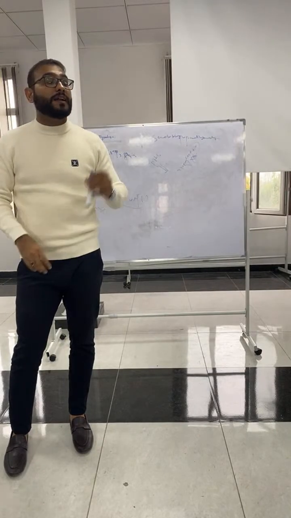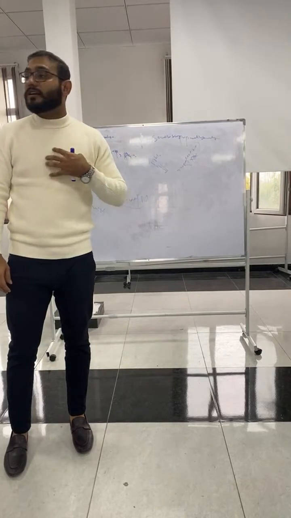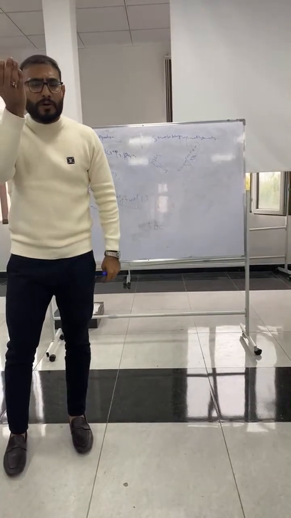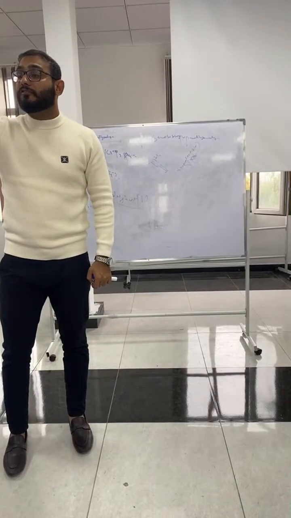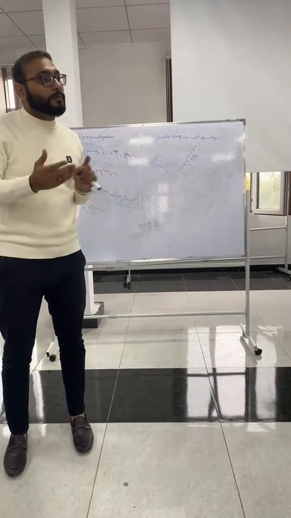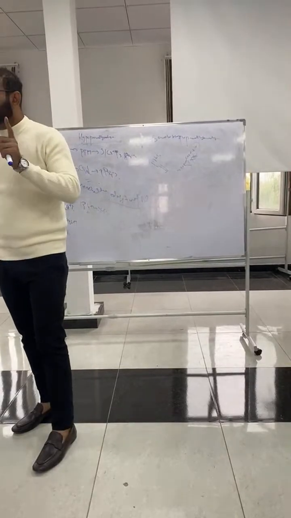It means that parathyroid hormone can't perform its activity. When parathyroid hormone can't perform its activity, will the calcium increase in the body or not? Calcium will never increase in the body. It means that the level of calcium will decrease, but the level of parathyroid hormone will increase.